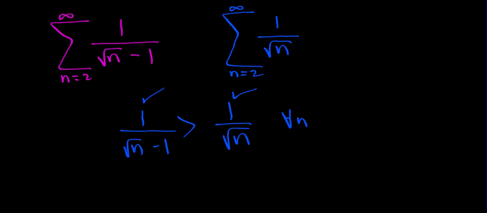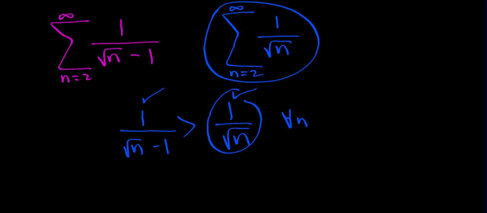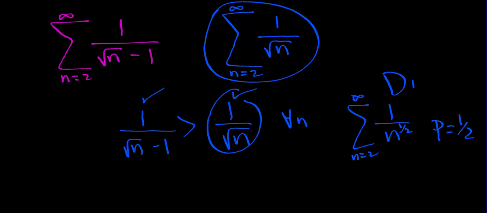Now, that being the case, what do we know about this series? That's the question. And let's see if that helps us. Now, what we know about this series here is that this is a p series with p equal to 1/2. That means it diverges.